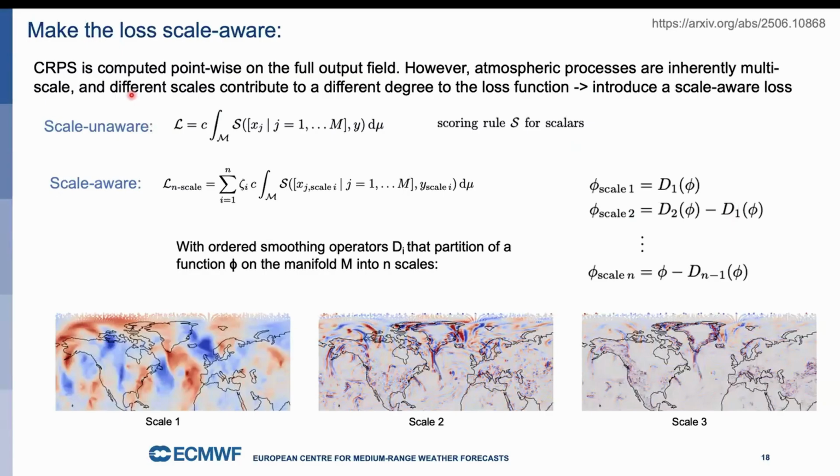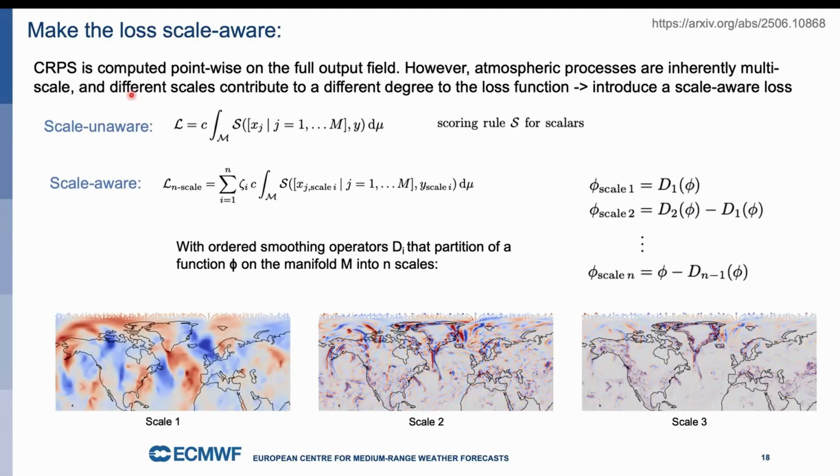However, one challenge for this CRPS-based training is that we compute CRPS really point-wise. So the forecast is really informed by the members at one grid point or at the different grid points, but there's no measure or no information about the scale of the problem.